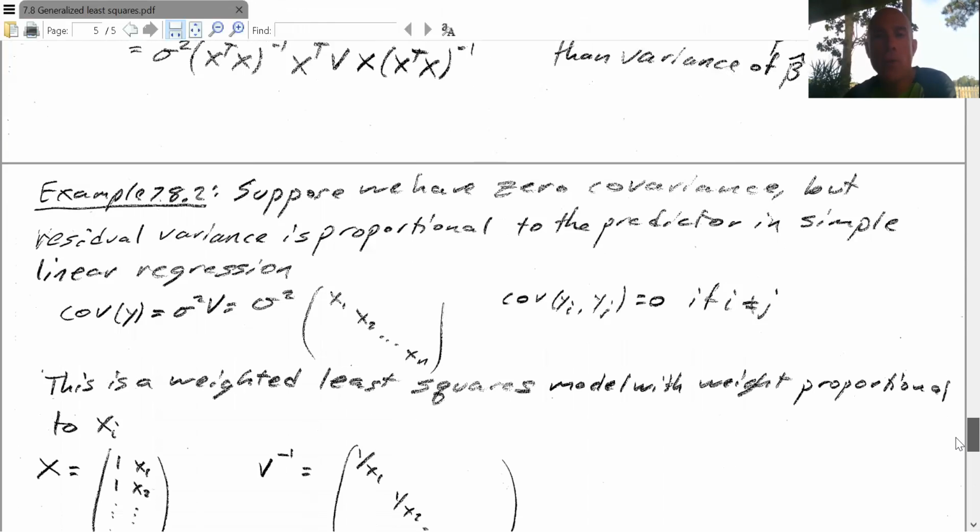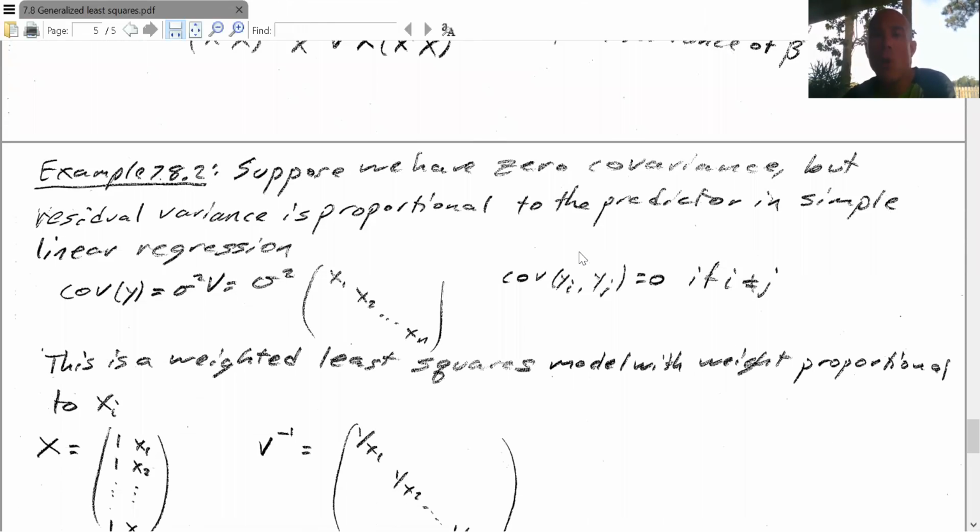Now let's look at the situation where we have zero covariance, but residual variance is proportional to the predictor in simple linear regression. In this situation, I'm going to have a sigma squared as a constant, and then my predictor variable values in simple linear regression. What I'm saying here is as x increases, the variance on the residuals increases proportionately, and that proportionality is constant for all of the observations.